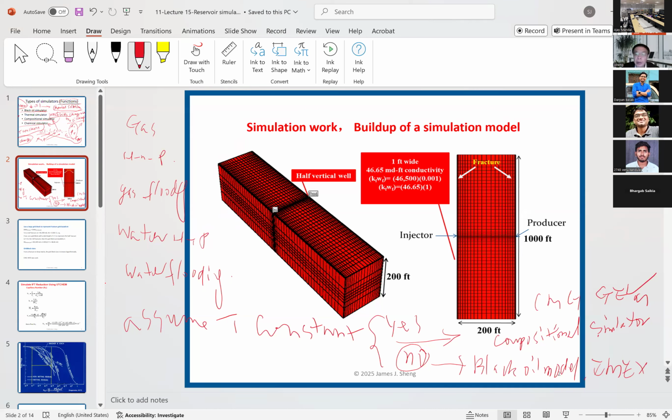Next thing I want to explain is, let's come back to this model here. I said in this model, here is a half well, and here is another half well.